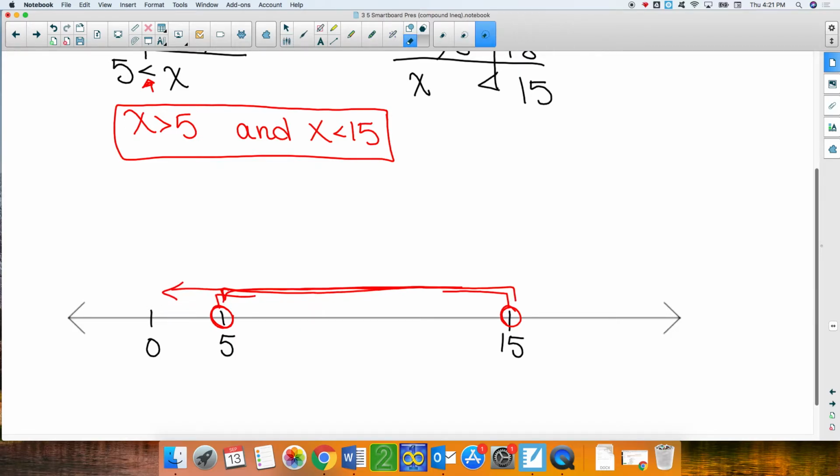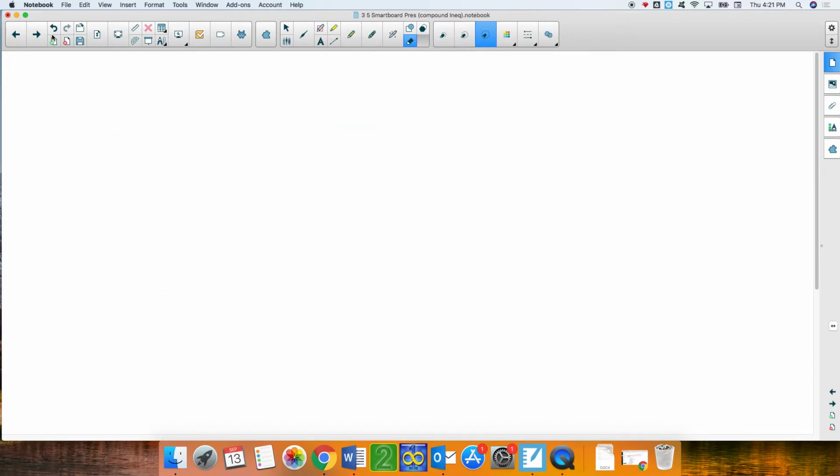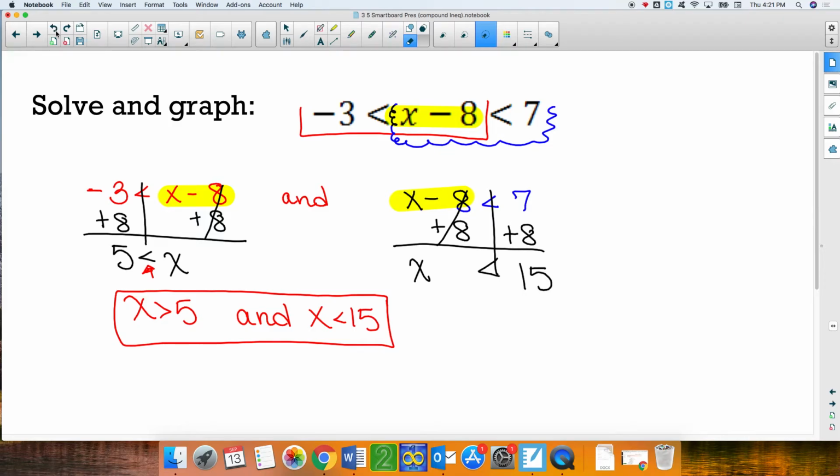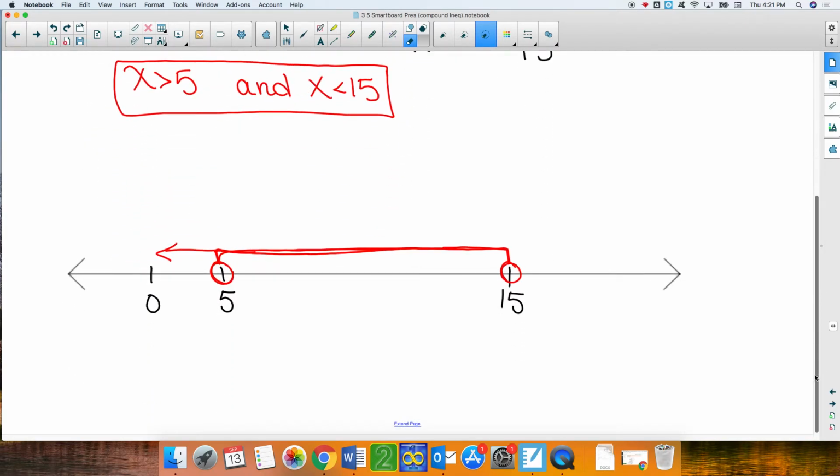It is stopping at 5 and it's stopping at 15. So do not draw arrows past them. When you have an and graph, you're going to shade in between your numbers because you're going to go where they overlap.